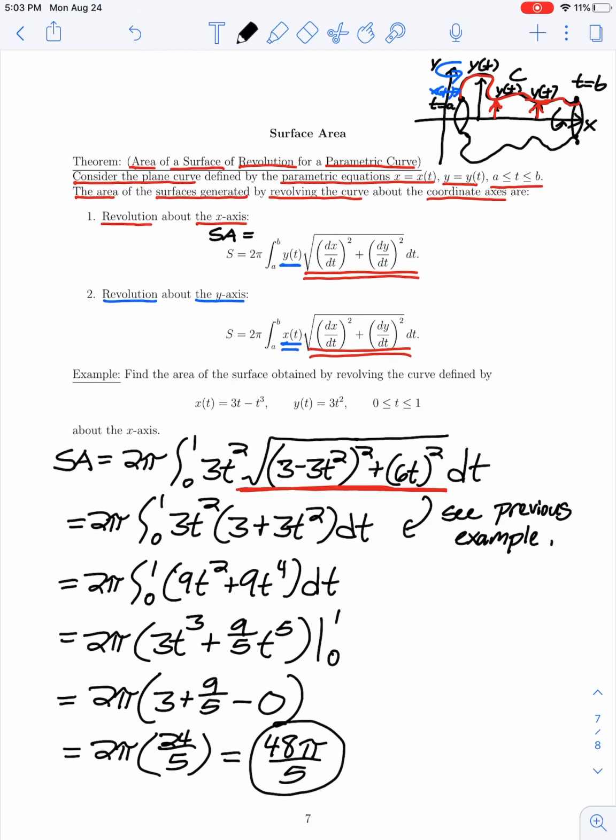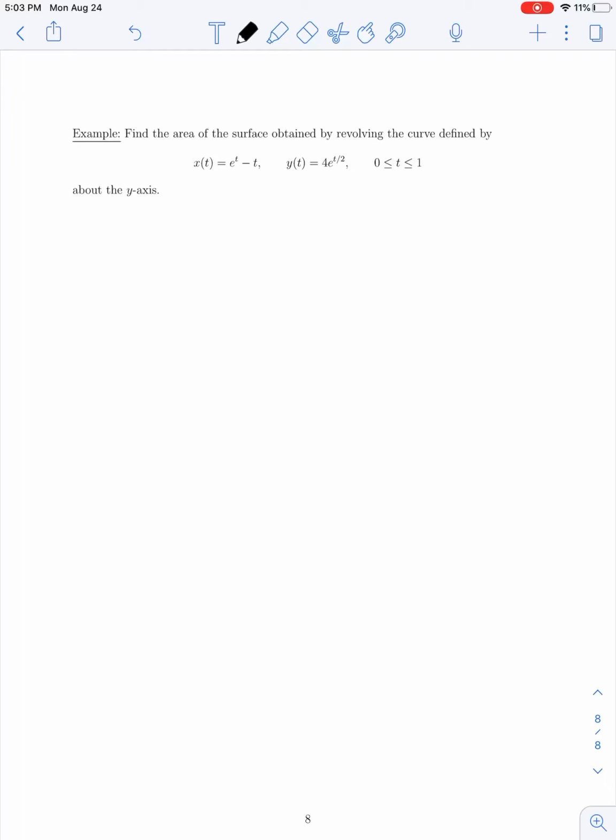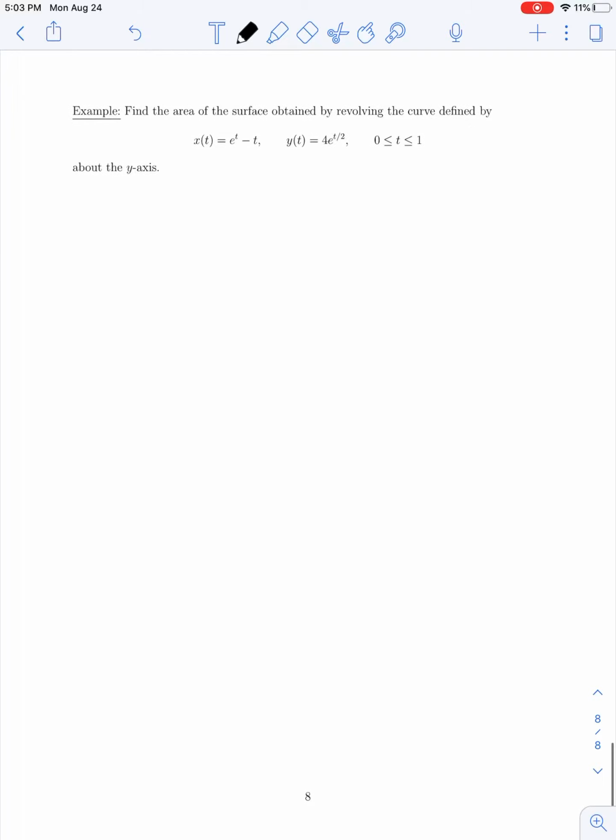Let's look at one last example to finish out this section. Here we are asked for the area of the surface obtained by revolving the curve given by these parametric equations about the y-axis. Again, let's set up our integral for the surface area using our previous theorem.